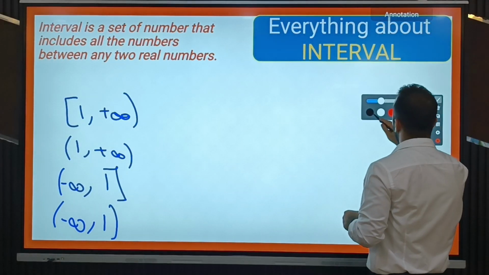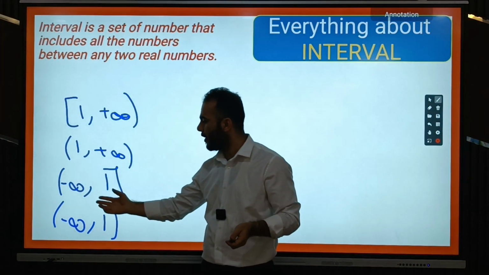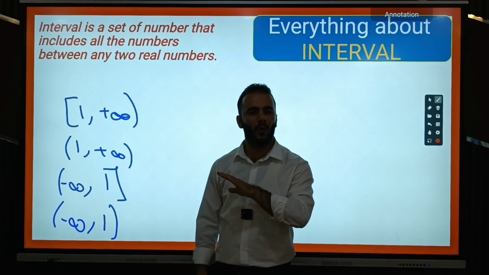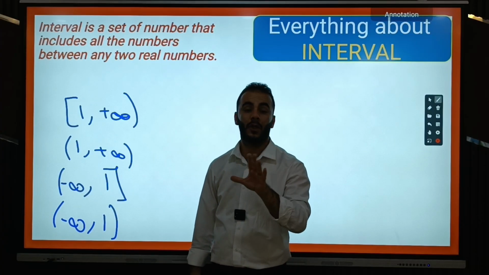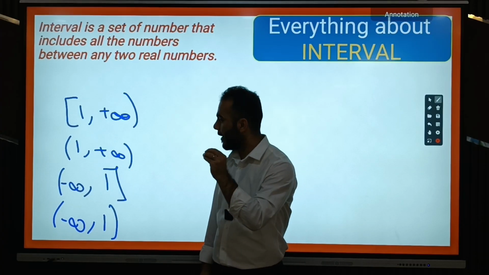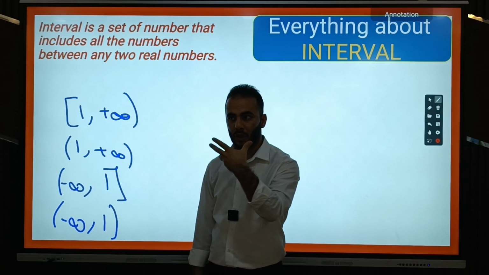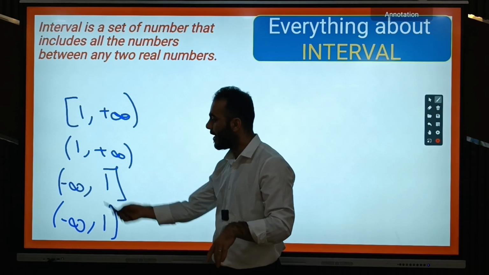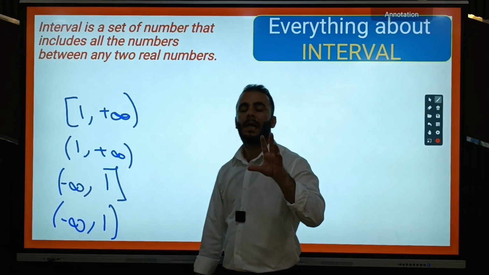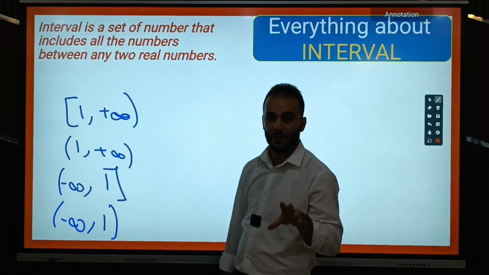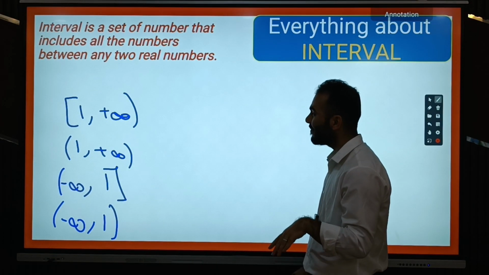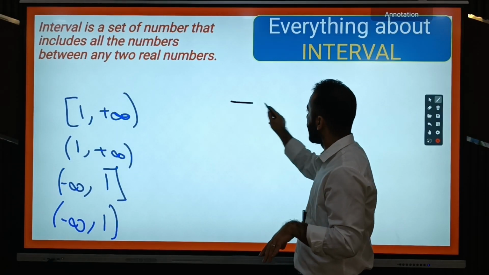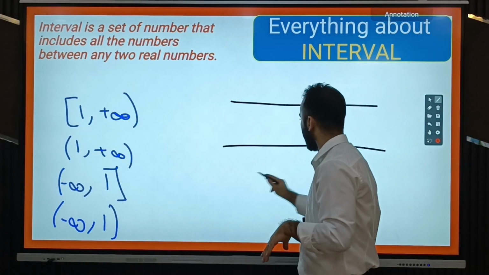Always remember that when we have infinity on one side, it's always going to be an open interval, not closed, because infinity is just a symbol, a notation, so it's not a number. We don't know what it is. All right. Since we don't know it, we are always going to put open interval for it, not closed interval. Be careful.